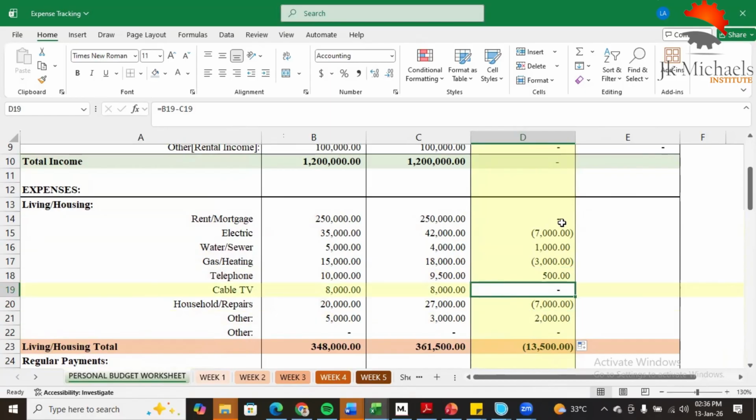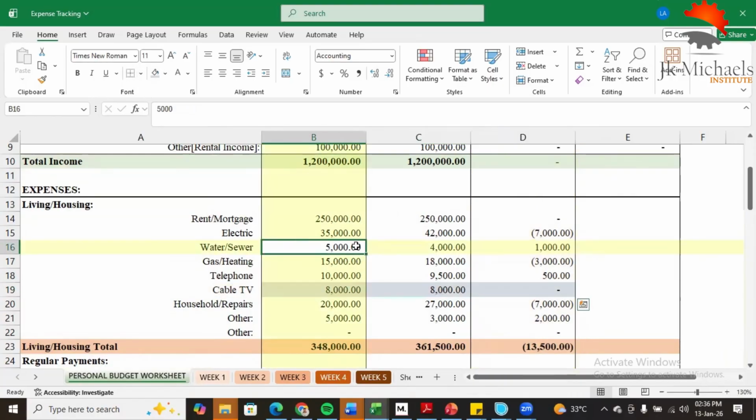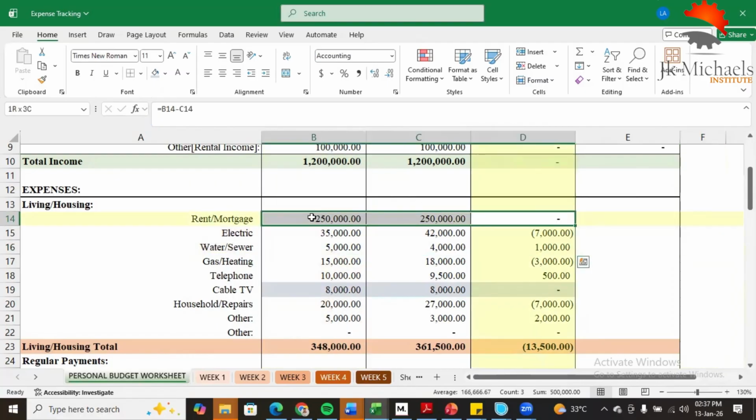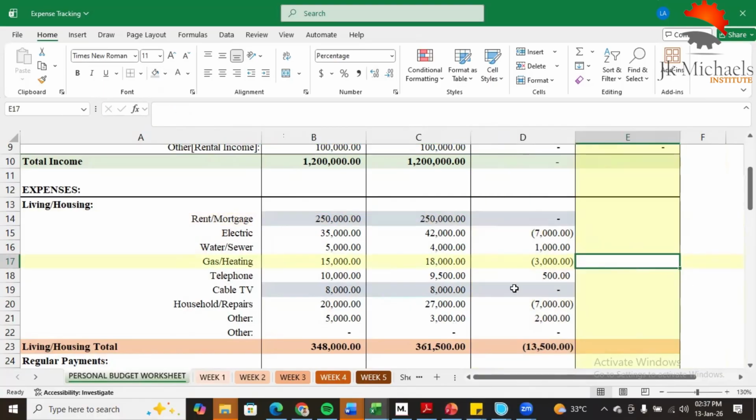But in these areas, we spent exactly where there is no variance. You can see in this area, we spent exactly according to the budget. According to the budget, you'd see no variance whatsoever, because your budget and your actual figures are the same.